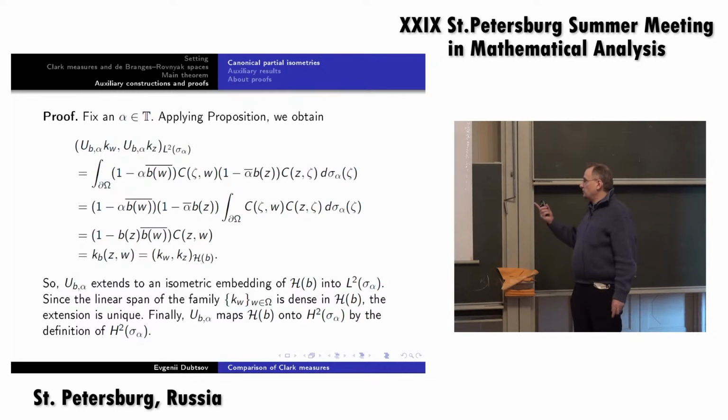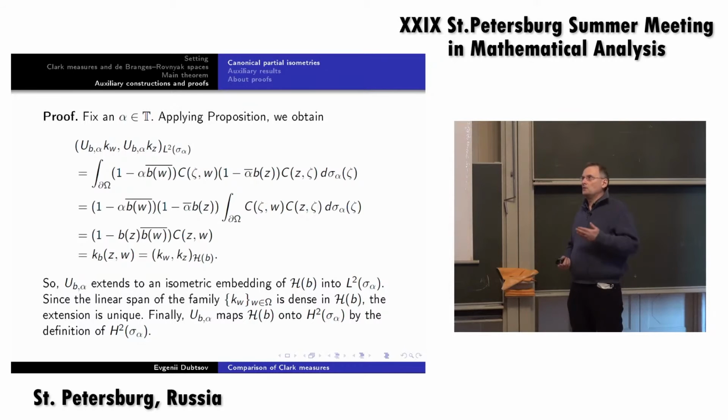So we have an isometric embedding, and we use the density of the family of reproducing kernels in calligraphic H of B, the de Branges-Rovnyak space generated by B. We deduce that this extension is unique, and the definition of H2 of sigma alpha says that we map onto this space.